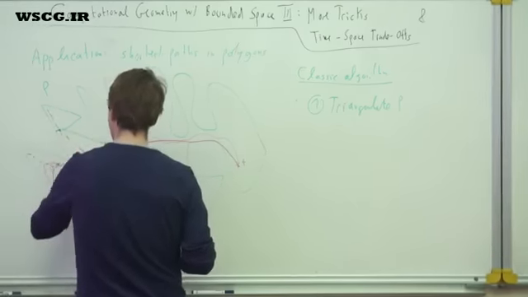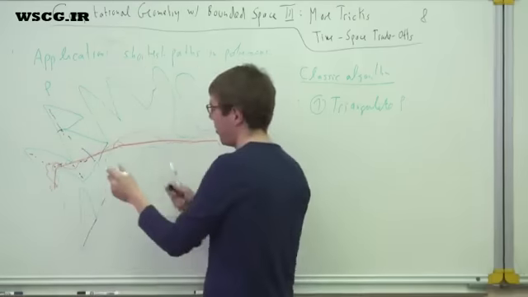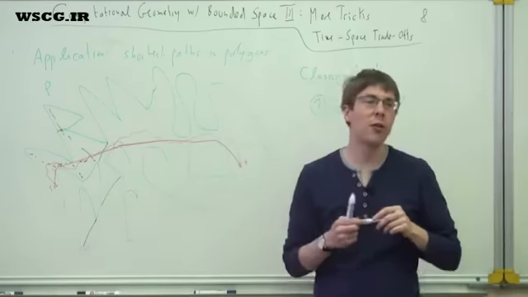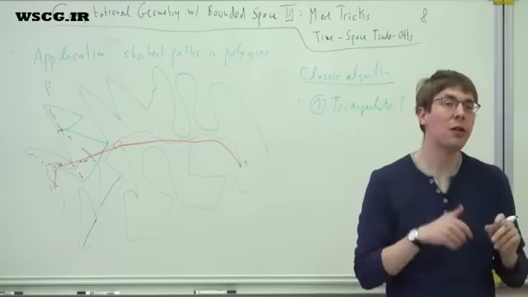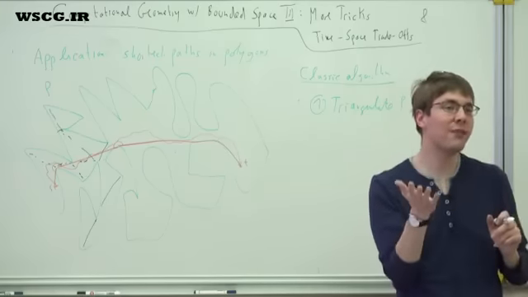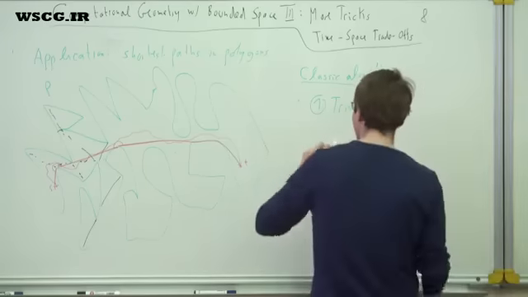Right? So it's a sequence of triangles like this, and you compute this. And what do we know about the triangulation of a polygon? For the triangulation of a polygon, the dual graph is a tree. Yes, so the dual graph is a tree.